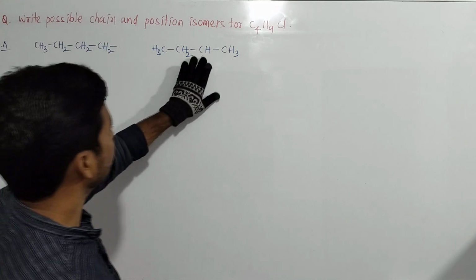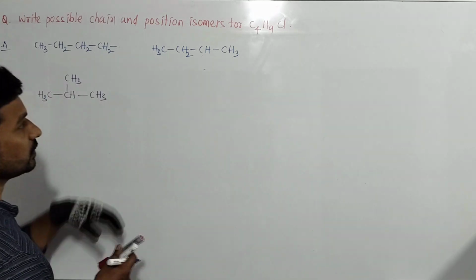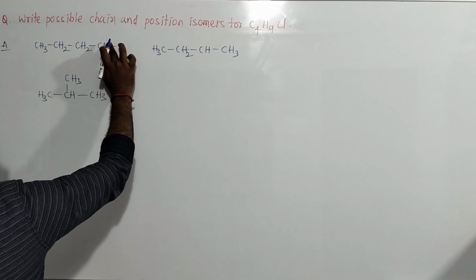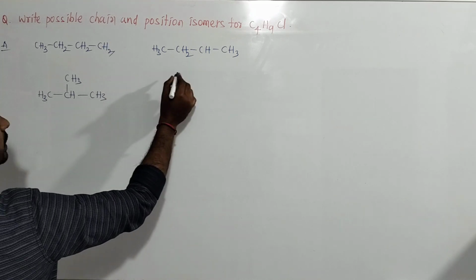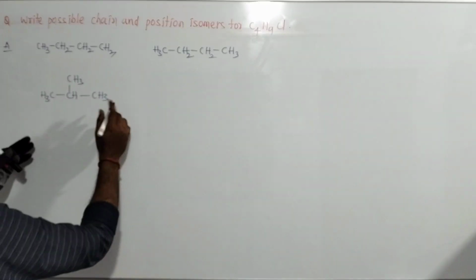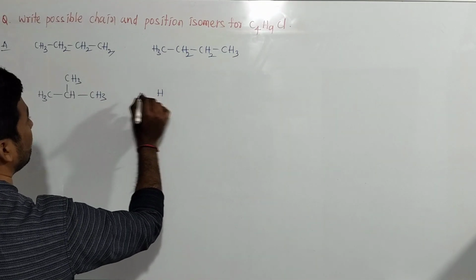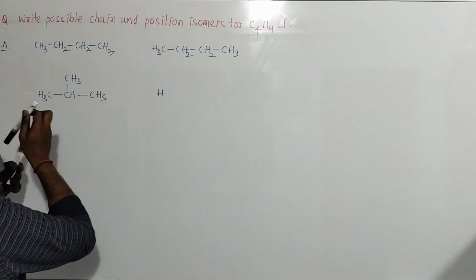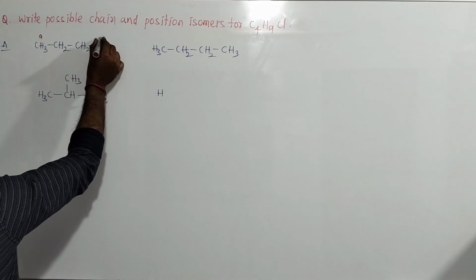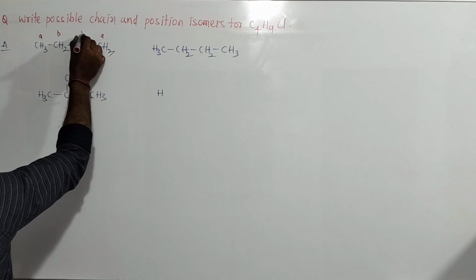Whenever this type of question is asked, write the possible chain isomers first. Take butane. Here CH3 and CH2, this is n-butane, and here isobutane. For n-butane, how many types of hydrogens are possible? For n-butane, 2 types of hydrogen are possible, A type and B type.